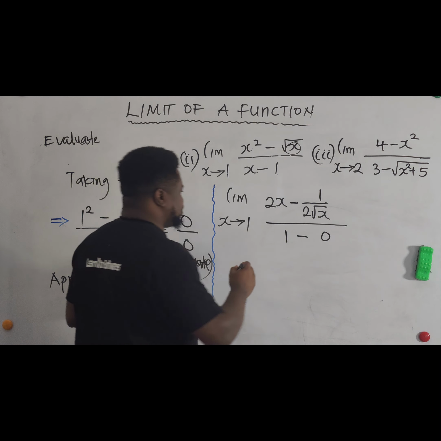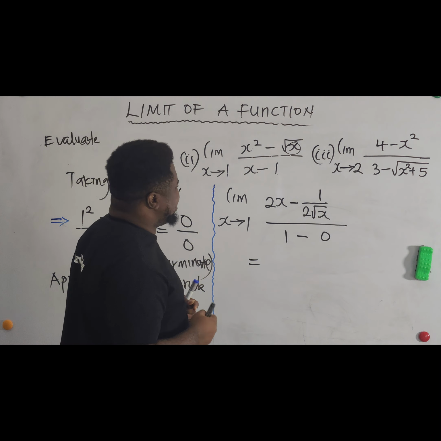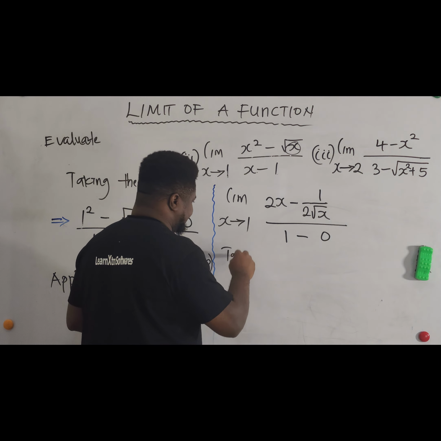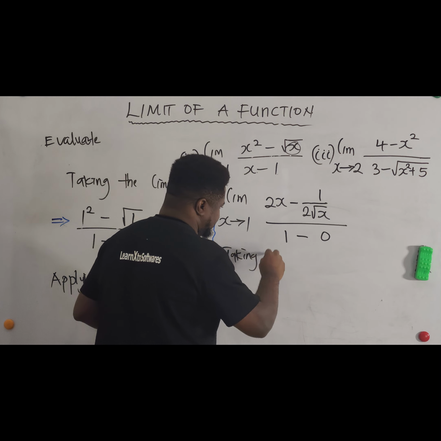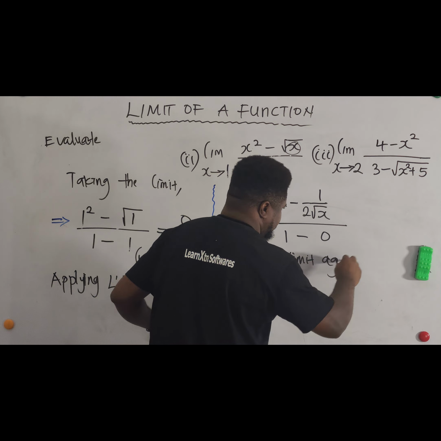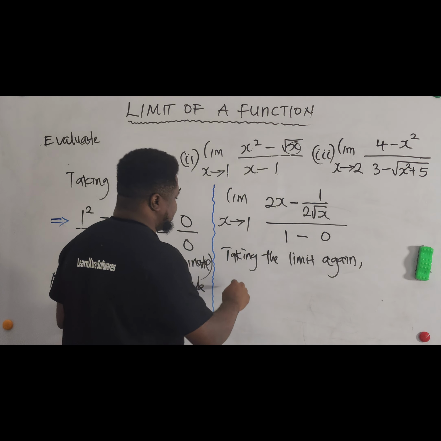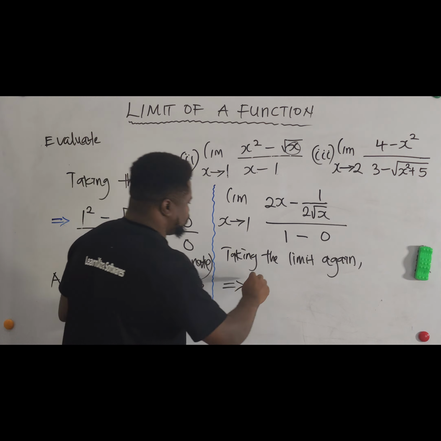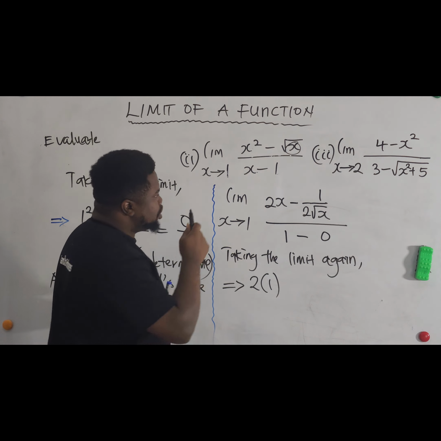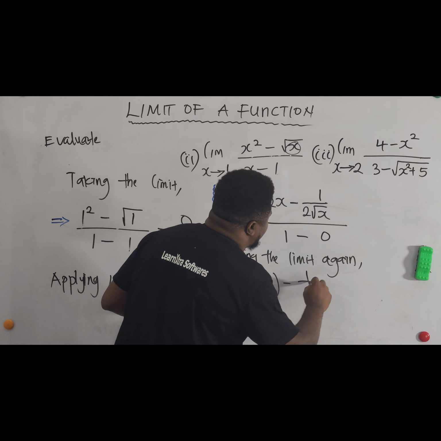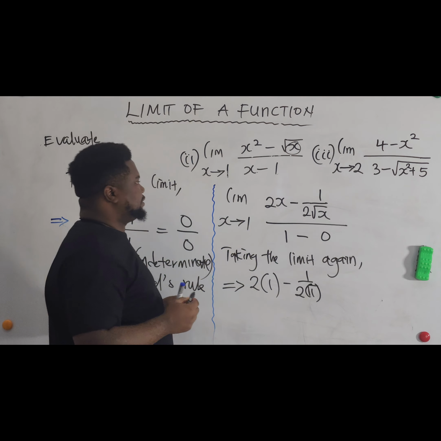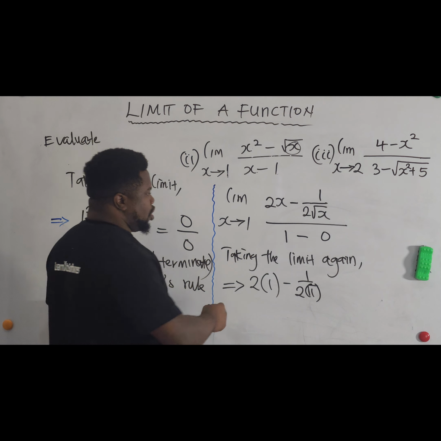So we'll take our limit again. What happens? This will now be 2 into 1, as x becomes 1. 2 into 1 minus 1 over 2 into root 1, all over 1.